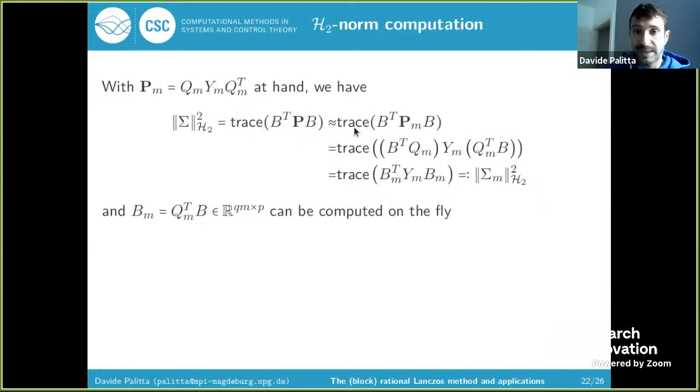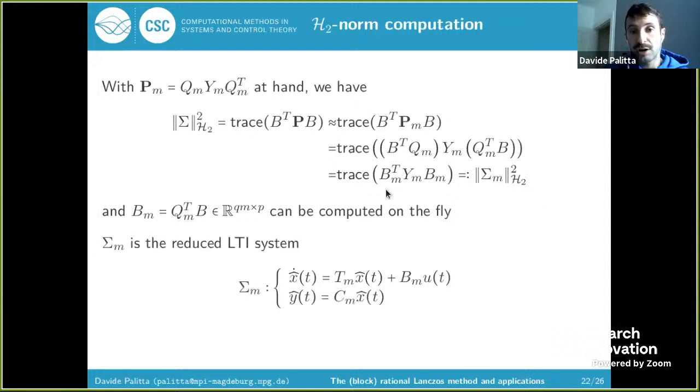If we replace P by PM, its approximation, then we can write this relation here. So instead of storing the whole QM, we just compute this matrix PM on the fly, so we can avoid storing the whole basis QM, and this is going to be our approximation.